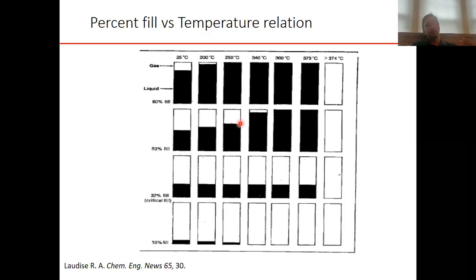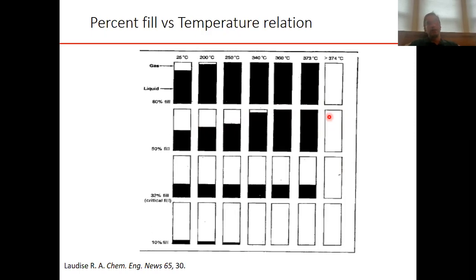But we have more gas phase to fill with the liquid. Therefore, the autoclave is full only at a significantly higher temperature, in this case at about 360 degrees Celsius. Again, above 374 degrees Celsius, we have water in the supercritical state.